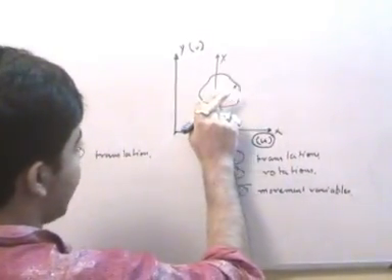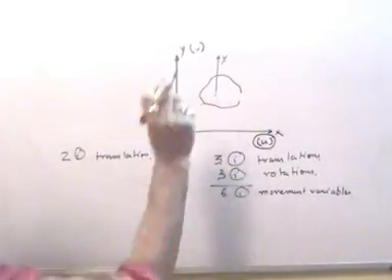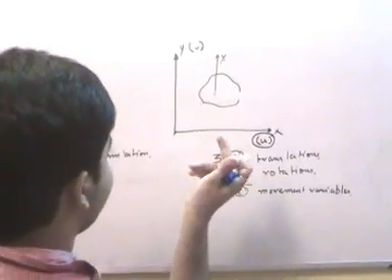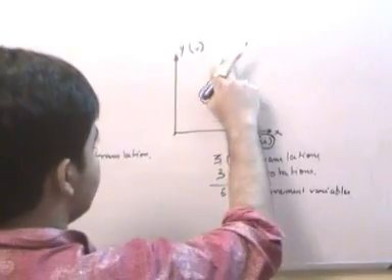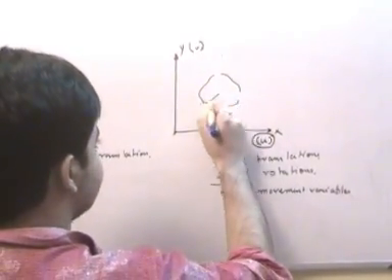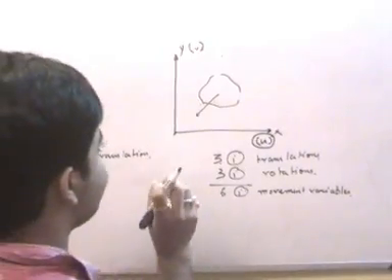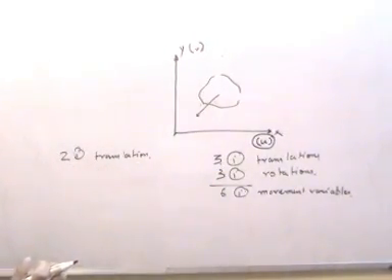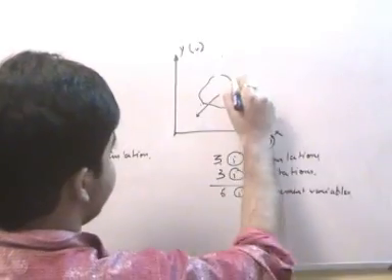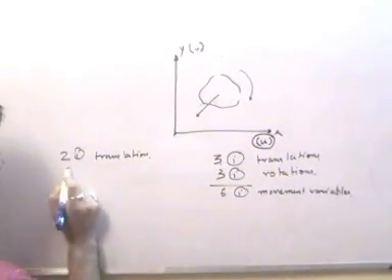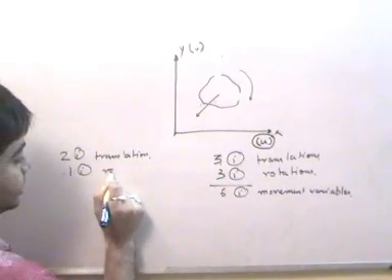So about the x-axis, it will have no rotation. About the y-axis, it will have to rotate in the xz plane. So we are not allowing this too. But if you take the z-axis, it will have some kind of a rotation about the z-axis in the fact that it will move in the xy plane, which we are definitely allowing. It will move in the xy plane. So one independent rotation.